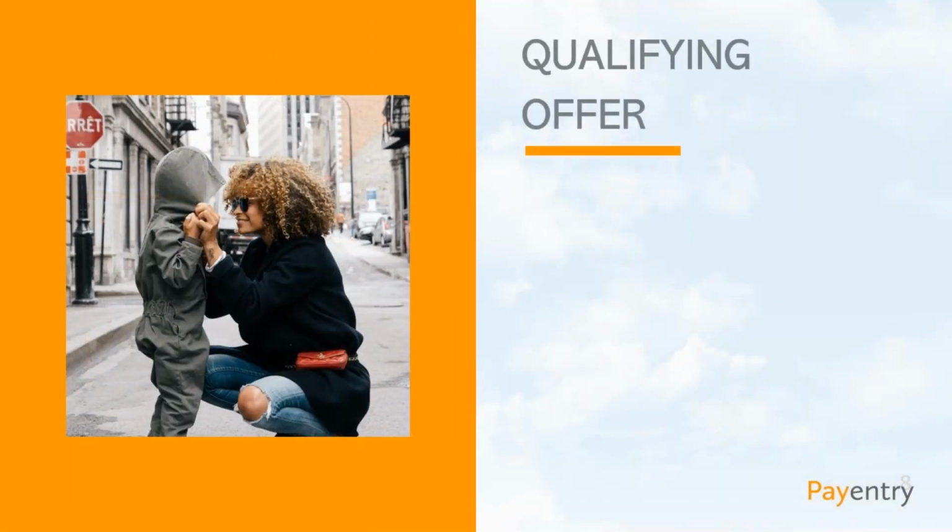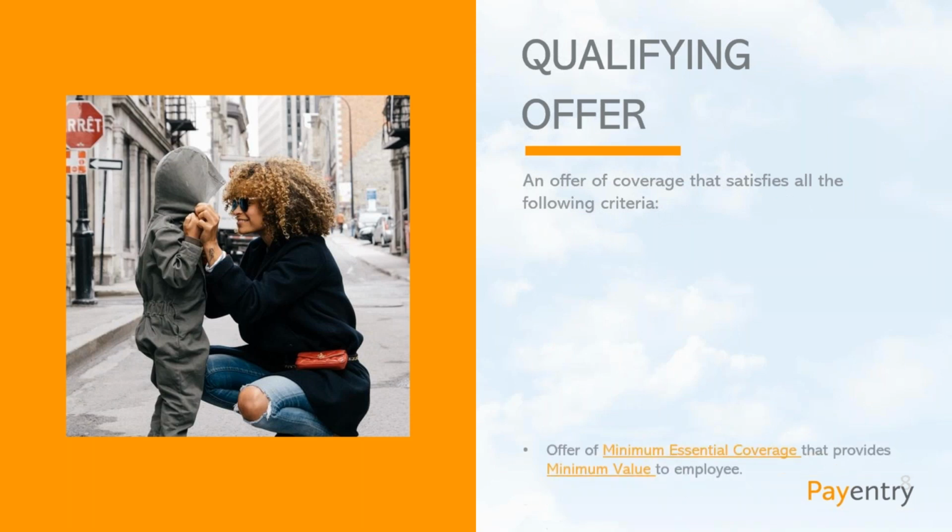Okay, qualifying offer. This is one of the codes that you use when you're telling the IRS what kind of offer you make to your employees. These are the 1 codes in your system. A qualifying offer is considered to be an offer of coverage that satisfies all of the following criteria.